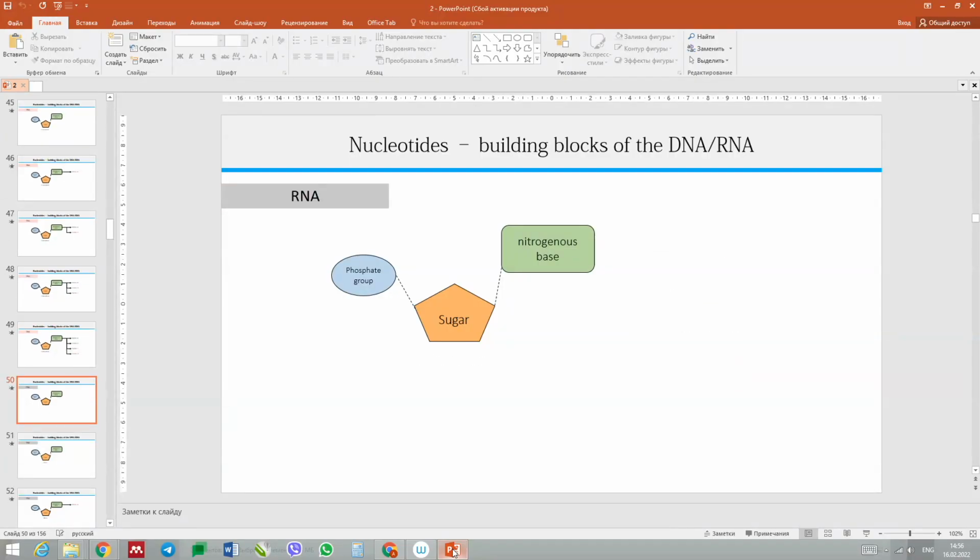What about nucleotides that compose RNA? They have another sugar called ribose. That's why RNA, ribonucleic acids, in contrast to deoxyribonucleic acid, DNA. Nitrogenous bases can be slightly different.